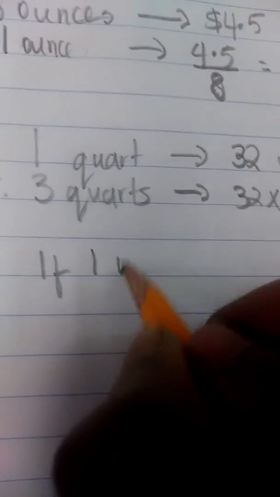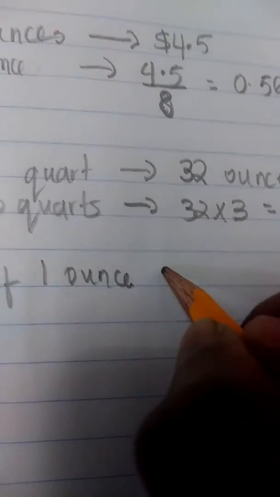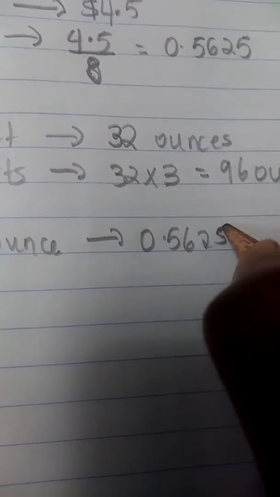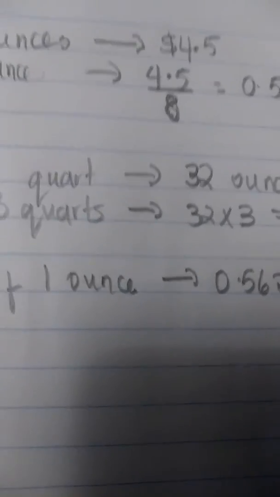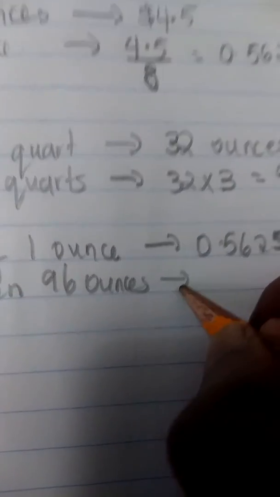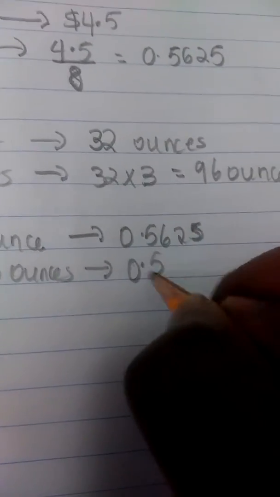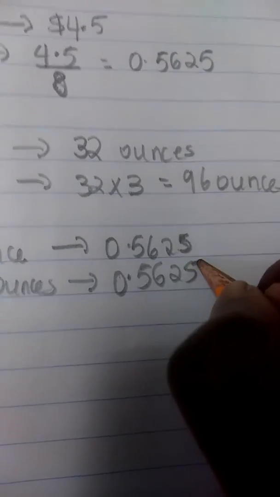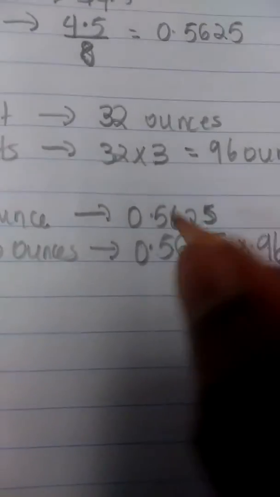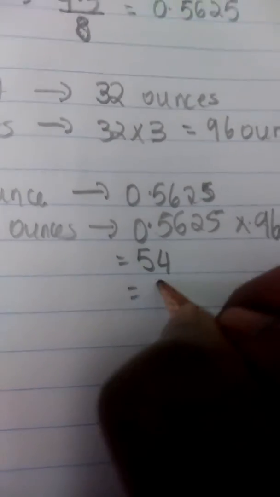If 1 ounce is 0.5625, about 56 cents, then 96 ounces will cost me this number times 96. And when we do the multiplication, we get 54. So therefore, 96 ounces is the same as $54.